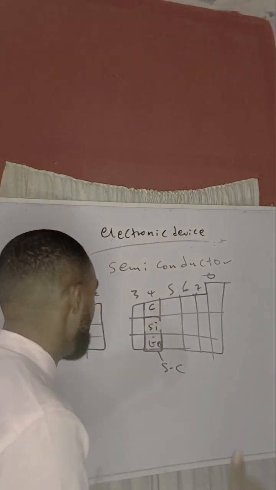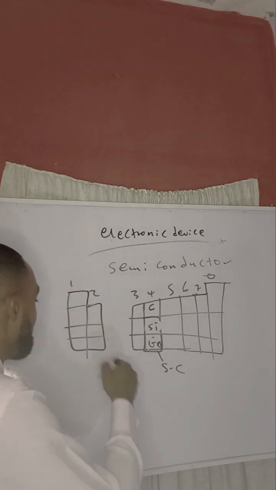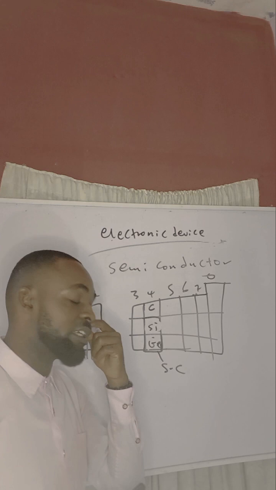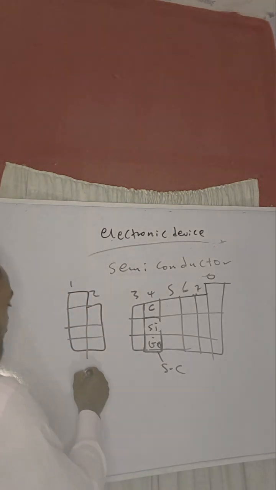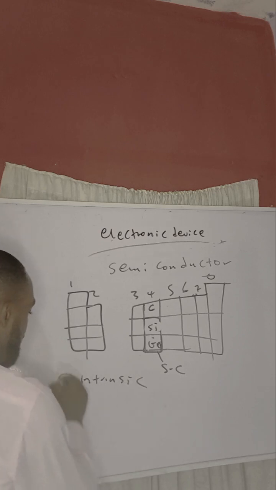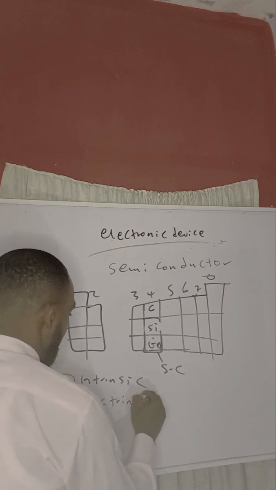So I will just go straight. Semiconductors are classified into two: we have intrinsic semiconductor and extrinsic semiconductor.